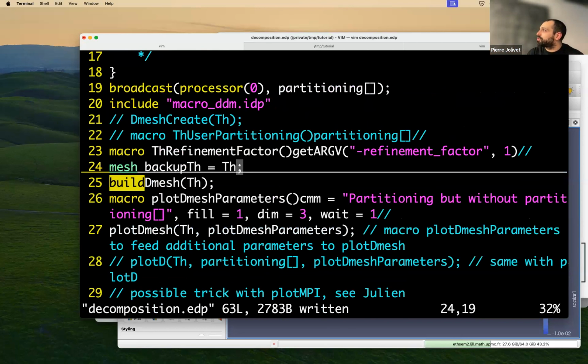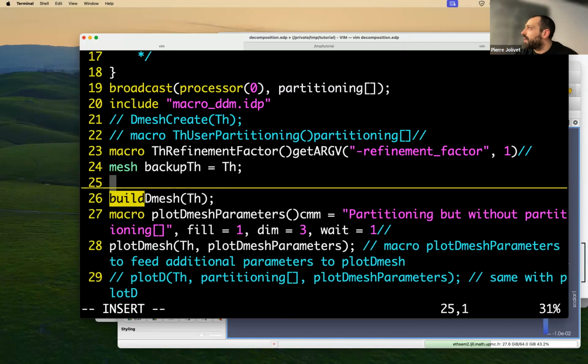And then when we do the domain decomposition, we want to let FreeFem know to keep some correspondence between the original centralized mesh and the output local distributed mesh. So to do this, we have another macro that we can define, which is called the N2O macro, TH N2O.